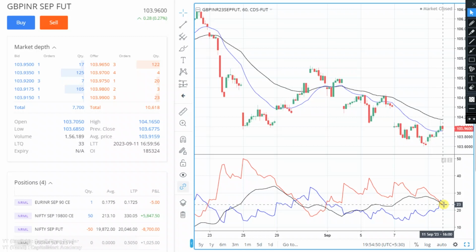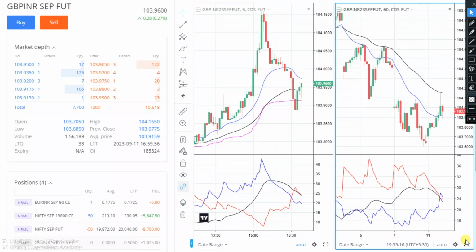So either DMI has to break the 20 line, and only then will the direction follow the DMI on the upper side. But I think there are a lot of possibilities. The market may go with plus DMI and the movement will continue, or minus DMI penetrates the 20 mark line. So we will see what our dollar index is. We will get some confirmation while we are analyzing the dollar index chart.